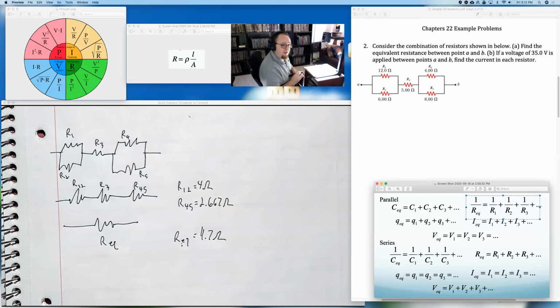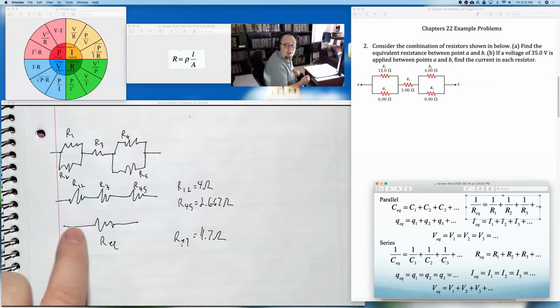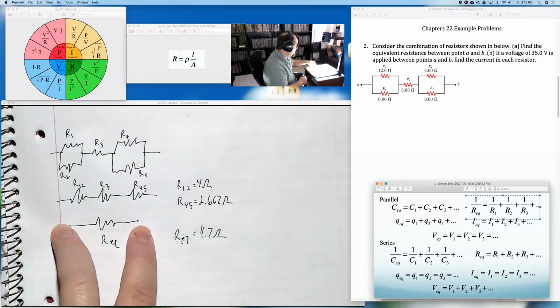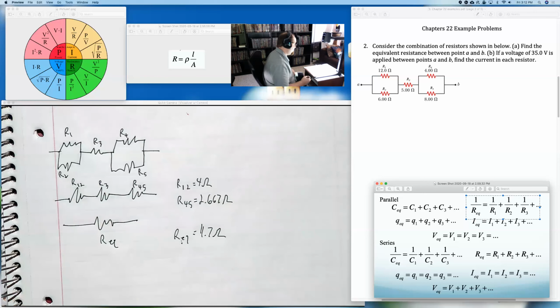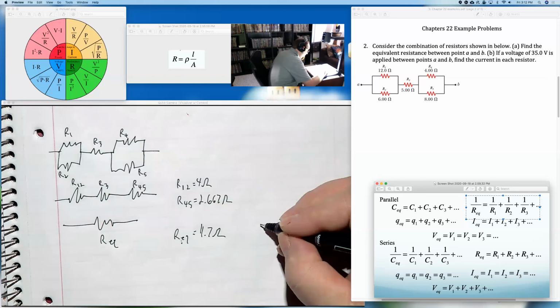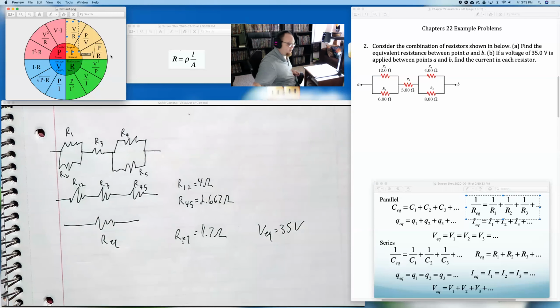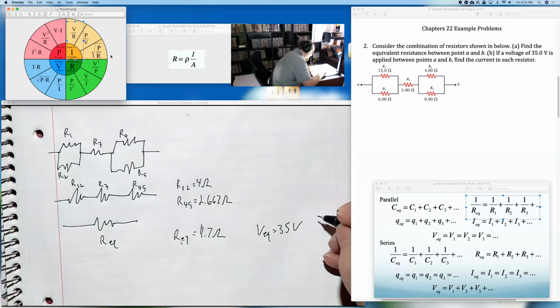If I want to find the current through each resistor, I could Kirchhoff loop this, but there's no need. If this is hooked up to one battery, and it says 35 volts over this, that means the voltage of the equivalent is 35 volts. Now, we know V equals IR, so I is V over R. I can find I equivalent.